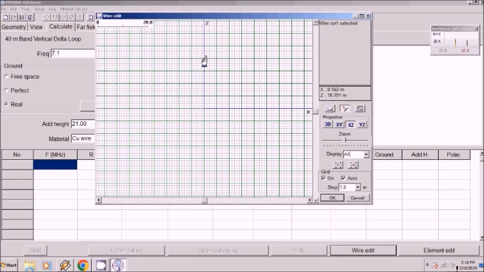Move the cursor here on the Z axis until it reaches 21 meters. You can see here Z position 21 meters. X0, okay. Stretch the wire.